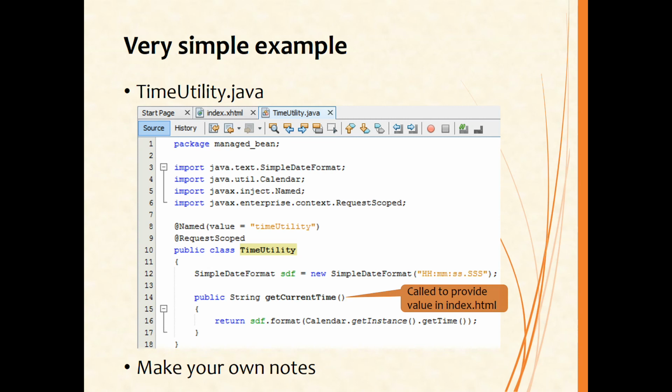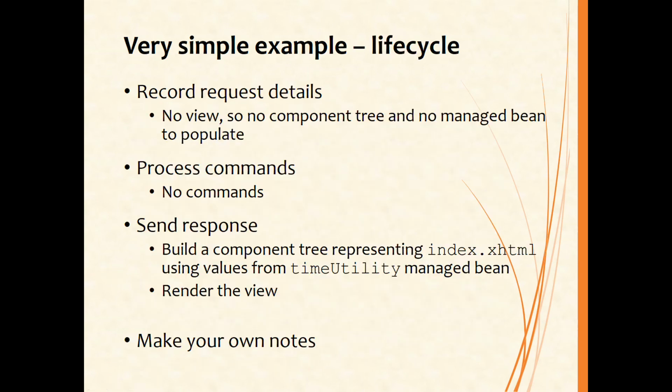On line 9, we've got another annotation which says that this bean exists only for the duration of the request. In another learning block, we will talk a lot more about the various requests. So with this particular lifecycle, as I've mentioned before, there's no input information, so there's not really going to be a component tree or a managed bean to populate.